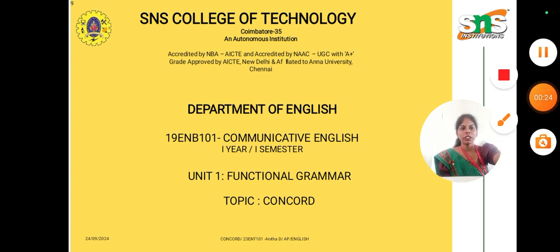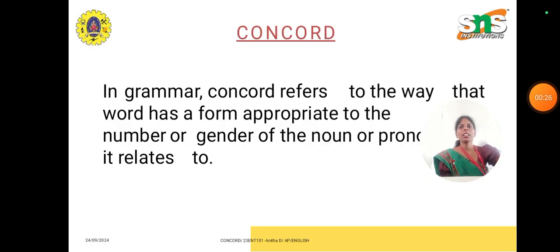What is Concord? Concord is nothing but a kind of subject verb agreement. You have to know where to use singular and plural, whether the sentence is singular or plural. You already know what the subject and verb are in a sentence.